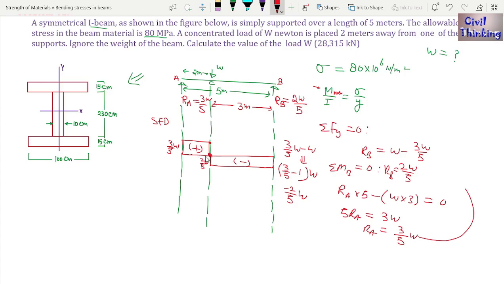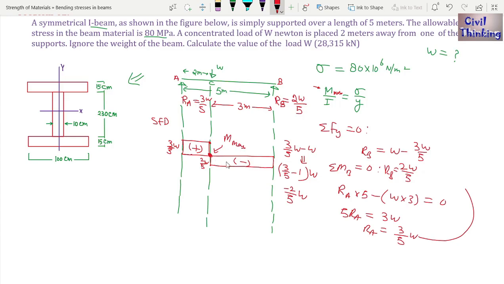To the left of this point it is positive, to the right it is negative, which means this is the point where the shear force diagram changes sign. So this will be the point where there is maximum bending moment.